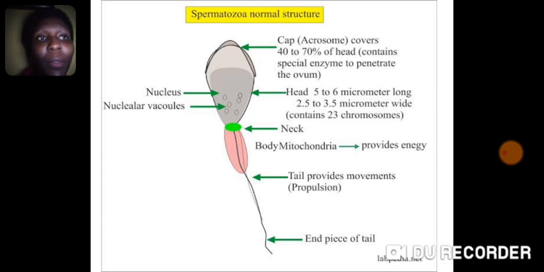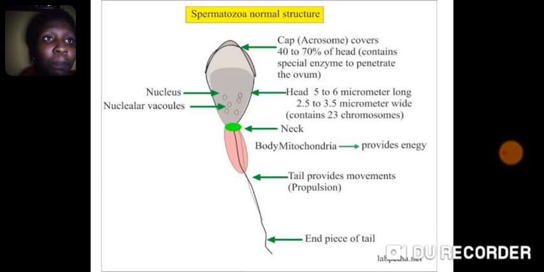Now the head comprises the acrosome at the tip, and this acrosome is a lysosome. It contains lytic enzymes that will help break or digest the zona pellucida and will help the content of the nucleus of the sperm fuse with that of the nucleus of the ovum, leading to fertilization and the development of a zygote.